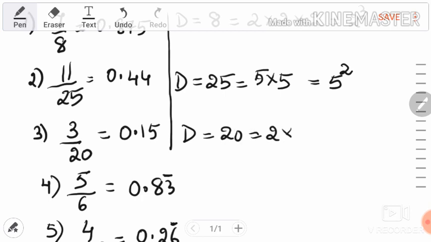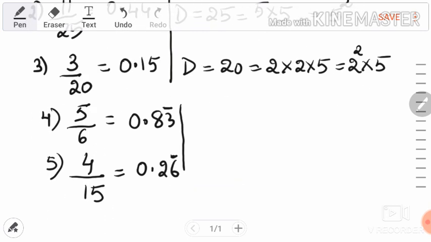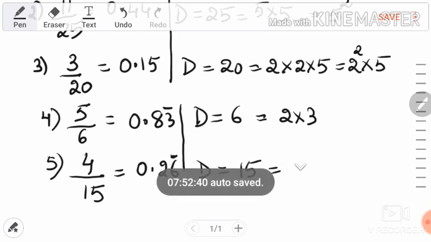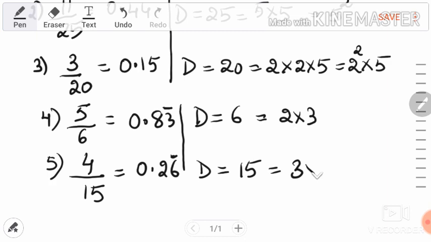Its prime factors are 2 into 2 into 5, which can be written as 2 to the power 2 into 5. In the fourth example, the denominator is 6. Prime factors are 2 into 3. And in the fifth example, the denominator is 15. Prime factors are 3 and 5.